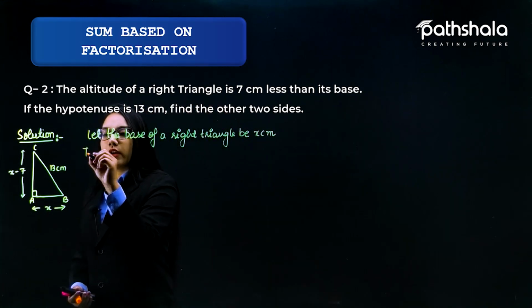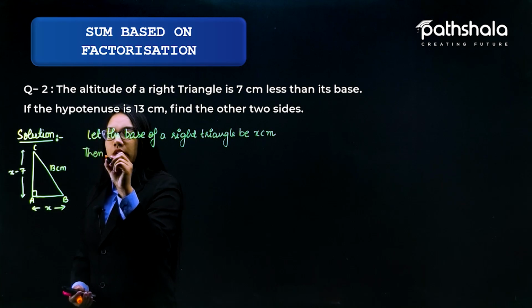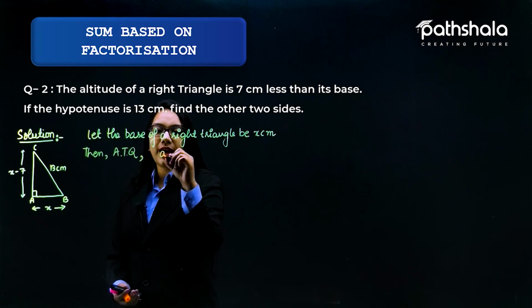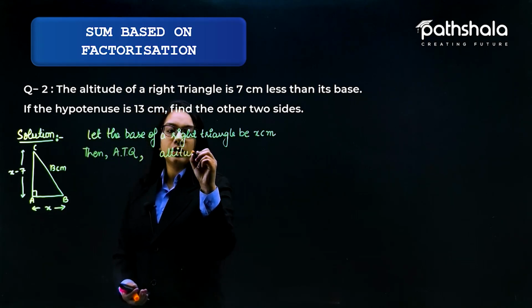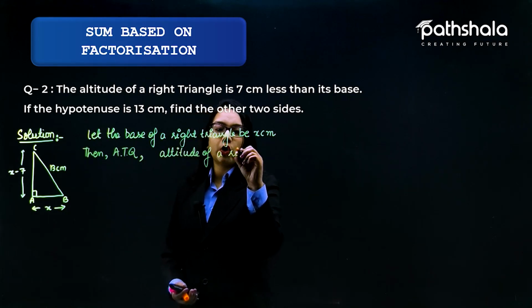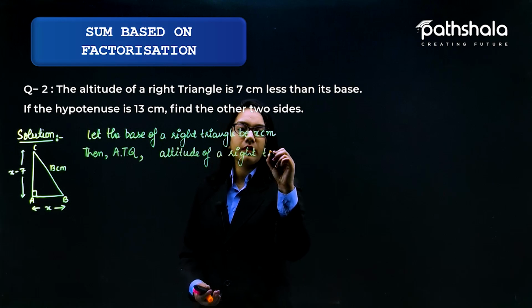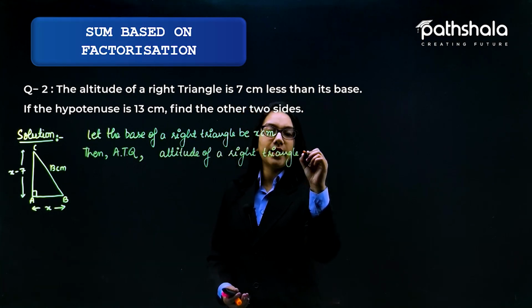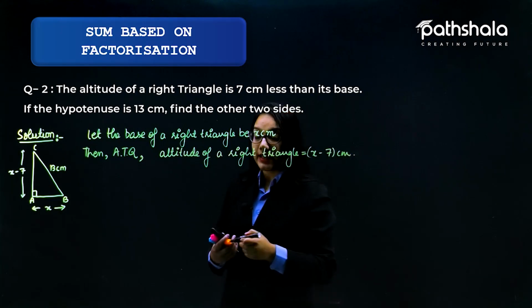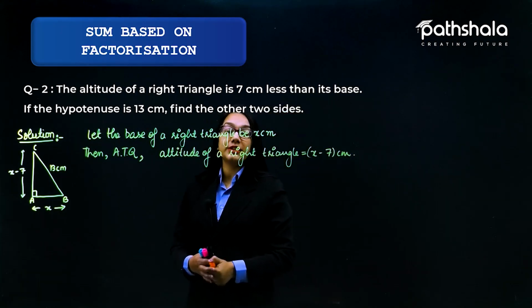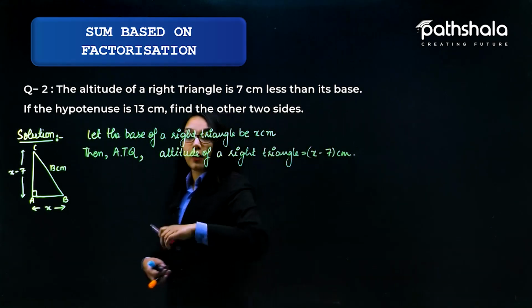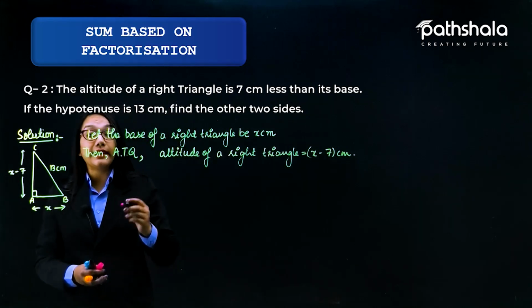Then according to the question, the altitude of a right triangle is equal to x minus 7 centimeter, because it says that the altitude is 7 centimeter less than its base.